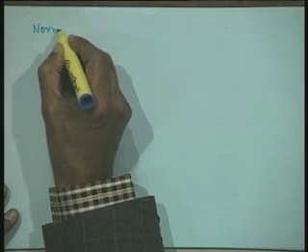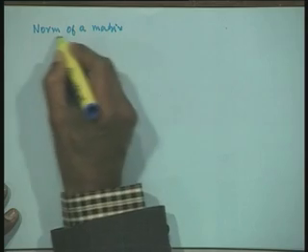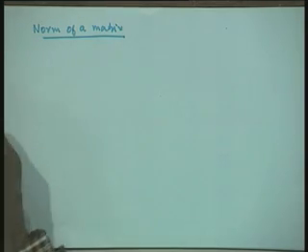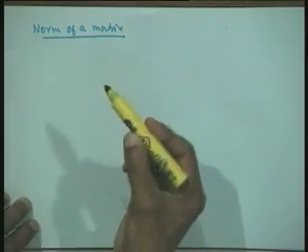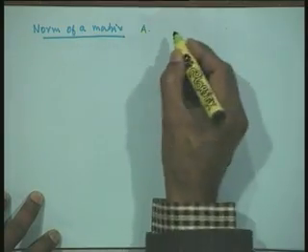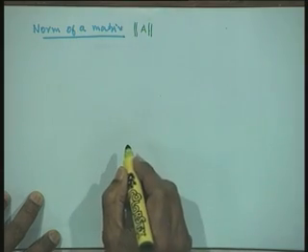One important property we will need is the norm of a matrix. So, let us define the norm of a matrix, which you might have already done in a course, but let us just revise it. If you are given a matrix A, I will denote the norm of a matrix by this.